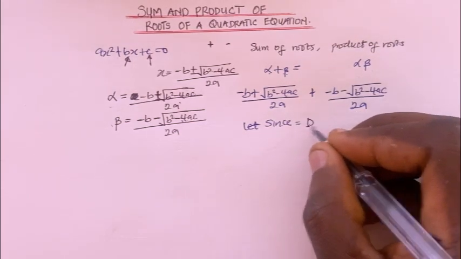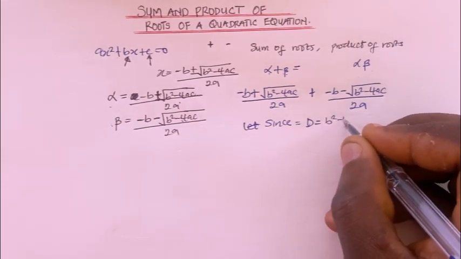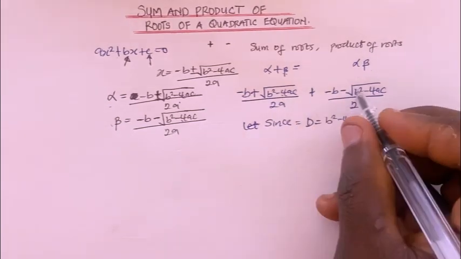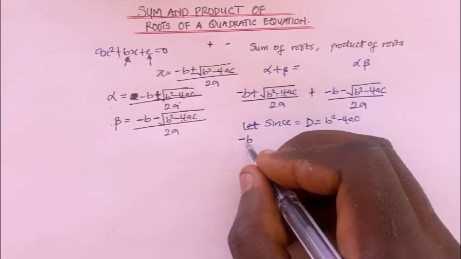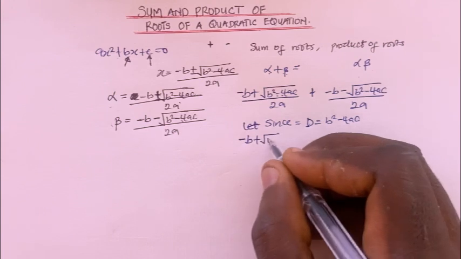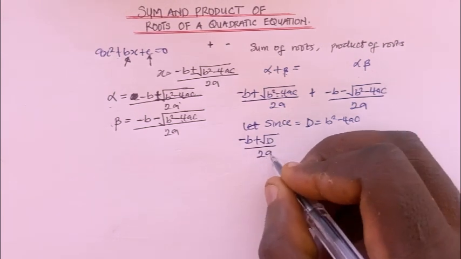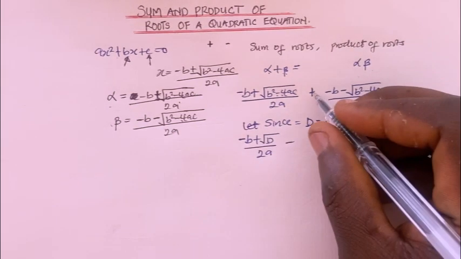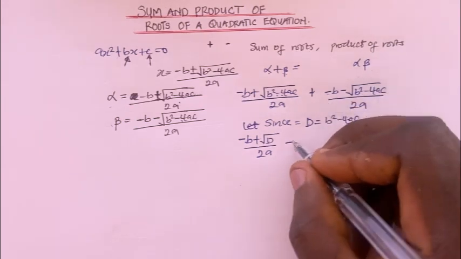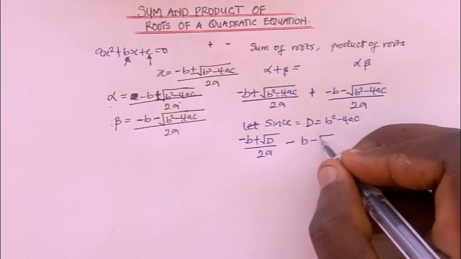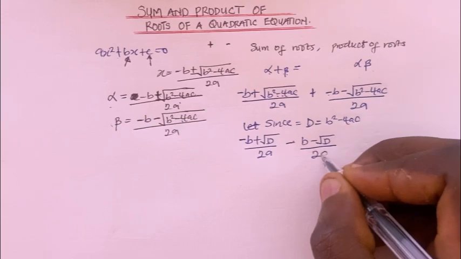Since d equals b squared minus 4ac, I will put my d here, so that I have minus b plus root d divided by 2a, then plus minus b minus root d divided by 2a.